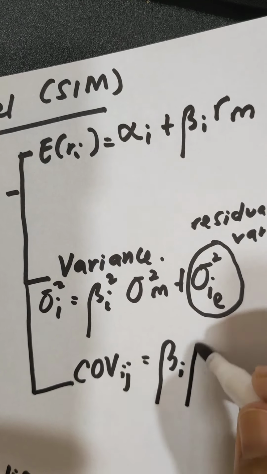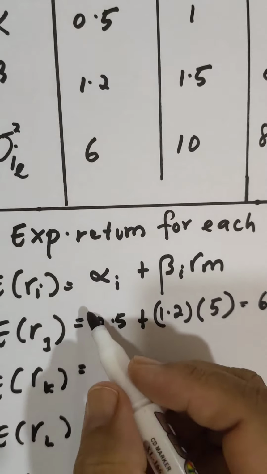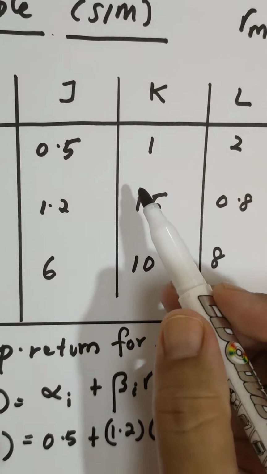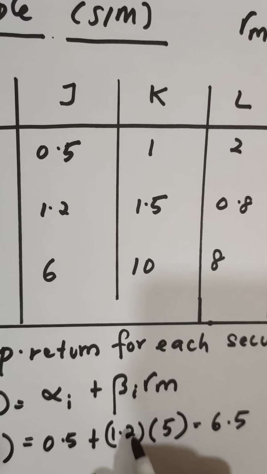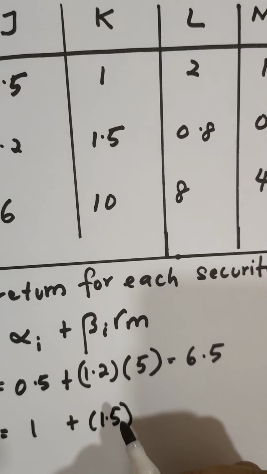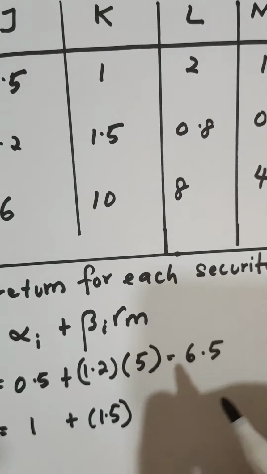So you can search for the expected return for K, expected return for L, and expected return for M. For K, the alpha is 1 plus the beta for K is 1.5 and the return on market is also the same, which is 5.